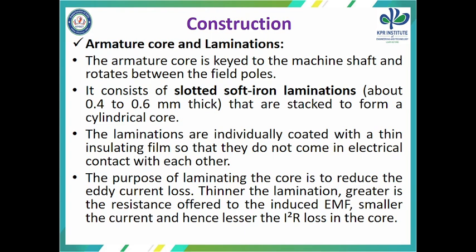Construction: armature core and lamination. The armature core is keyed to the machine shaft and rotates between the field poles. It consists of slotted soft iron laminations, with thickness in the range of 0.4 to 0.6 mm. The laminations are individually coated with a thin insulating film so that they do not come in electrical contact with each other.